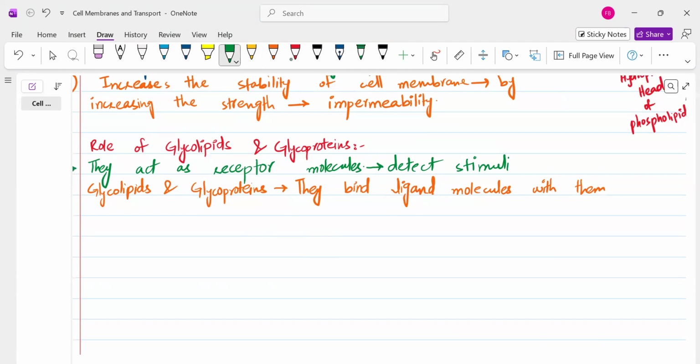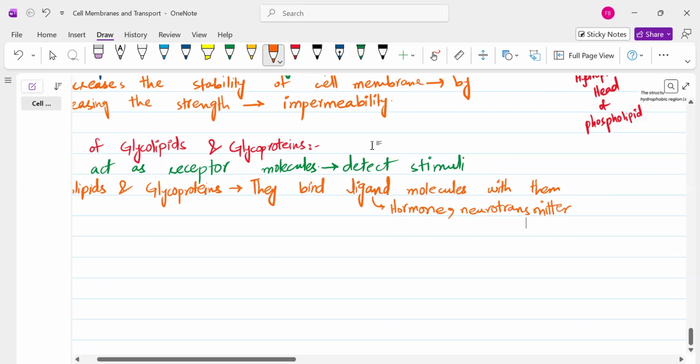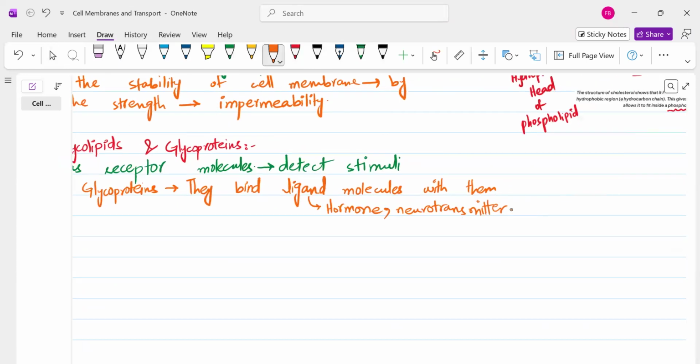And what can be any ligand? It can be any hormone, neurotransmitter, or any type of drug. For them, you have specialized types of receptors in the cell membrane. Clear? This is the function of them.